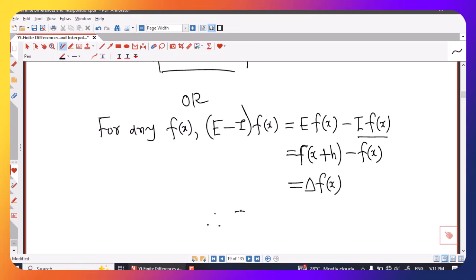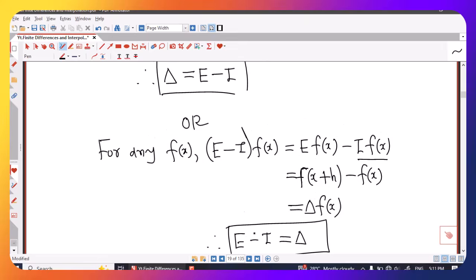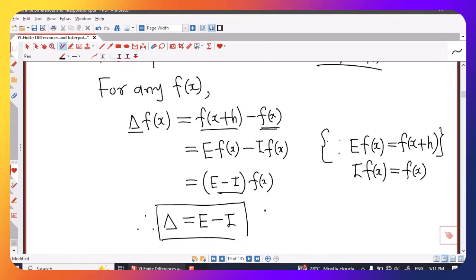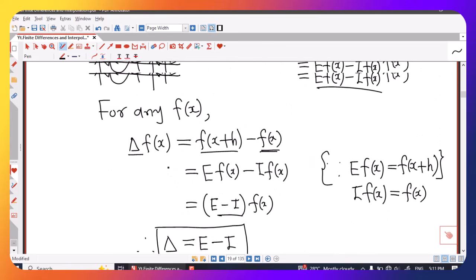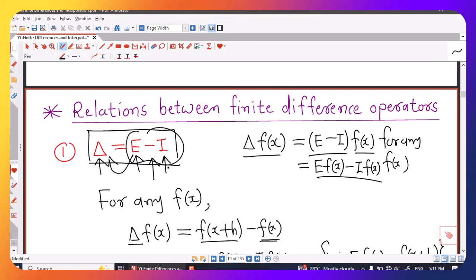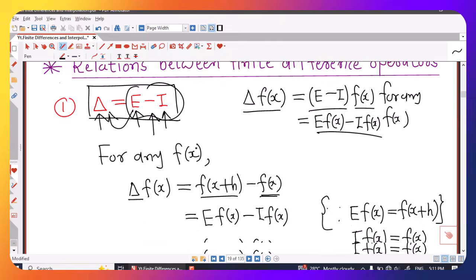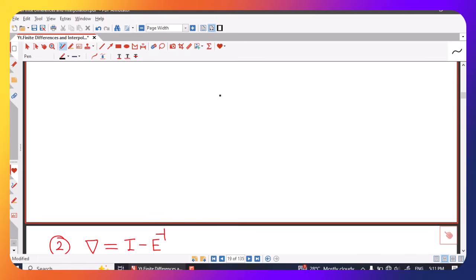So in this way also we can prove that delta equals E minus I. You can prove it in any one way, either this proof or that proof. So these are simple relationships between finite difference operators, and sometimes you are asked to prove this type of relationship.